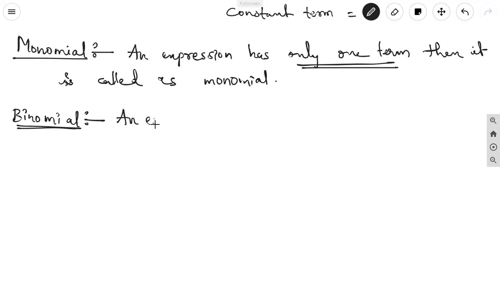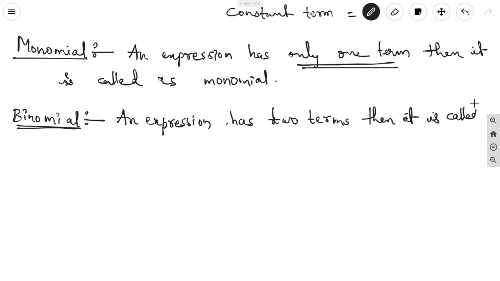So an expression which has two terms is called a binomial. Trinomial.